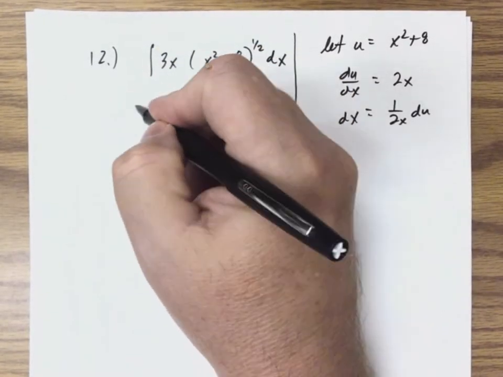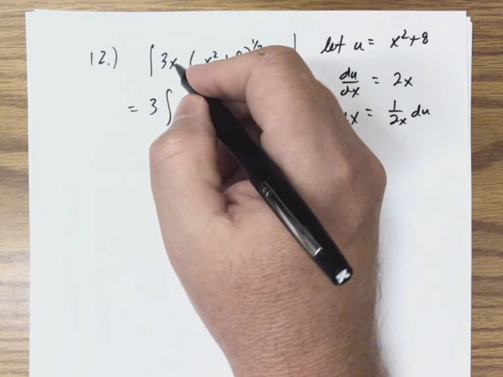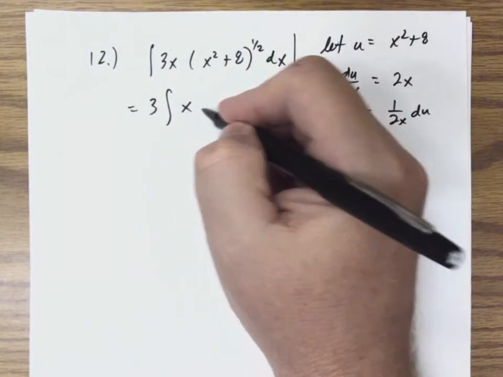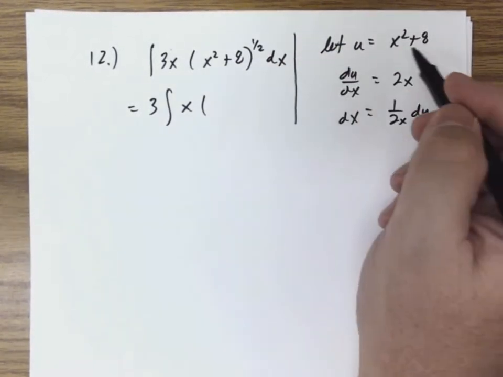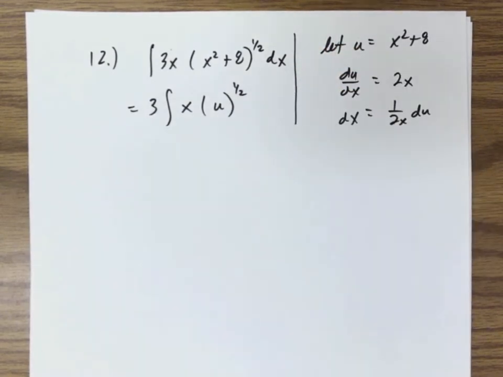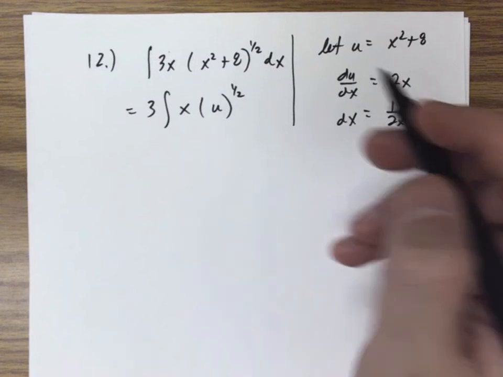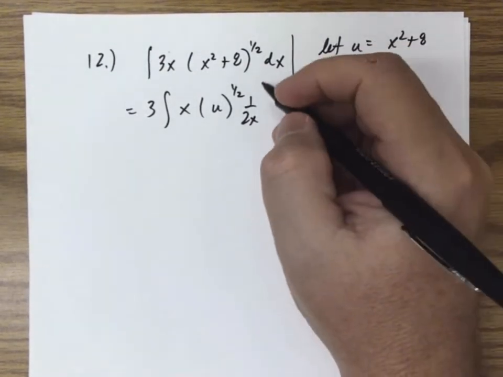So let's do our substitution. Move the 3 out front. I've got this x again here now, which I'm sort of stuck with, so let's just write it for now and see what happens. x squared plus 8 is u, so u to the 1/2, then dx down here is 1 over 2x du.